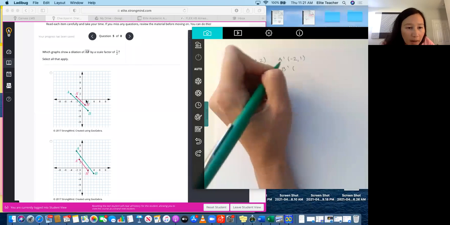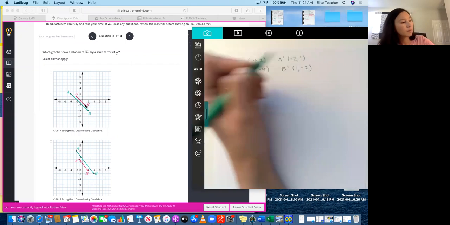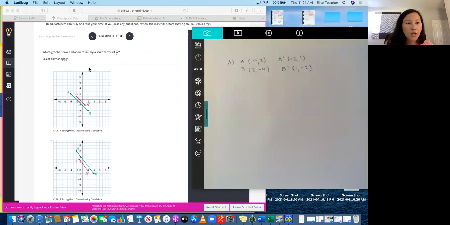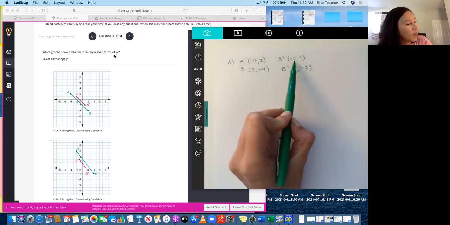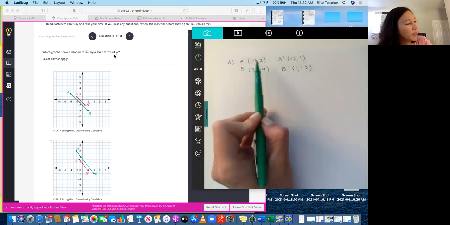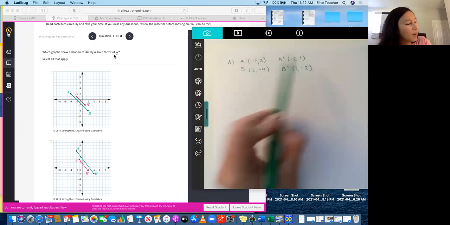And B prime is at 1, -2. We're looking for a scale factor of 1/2. If we do -4 and multiply that by half, we end up with -2. Half of 2 is 1, so that works so far.